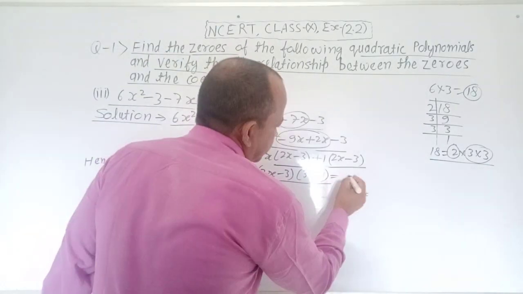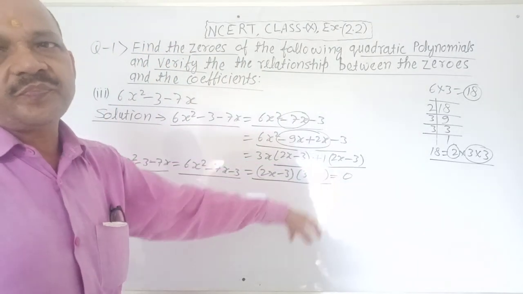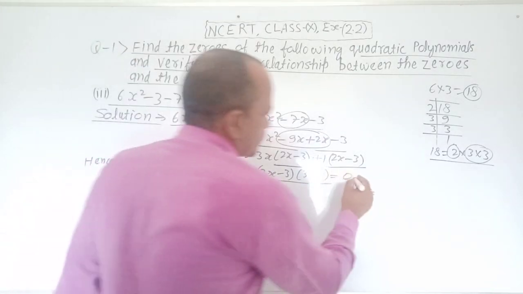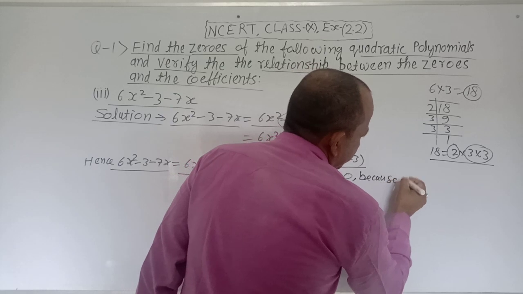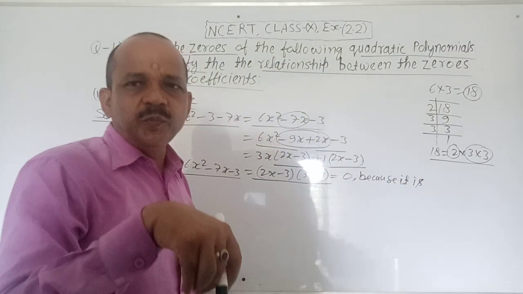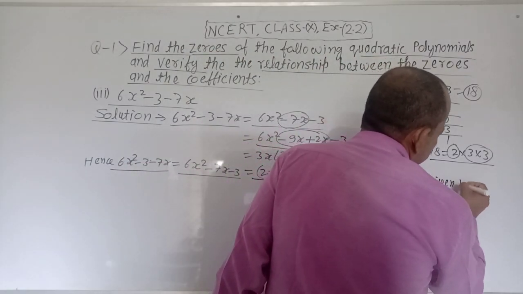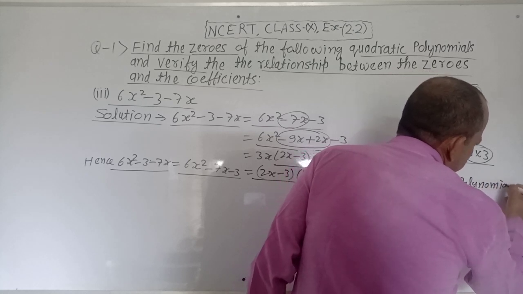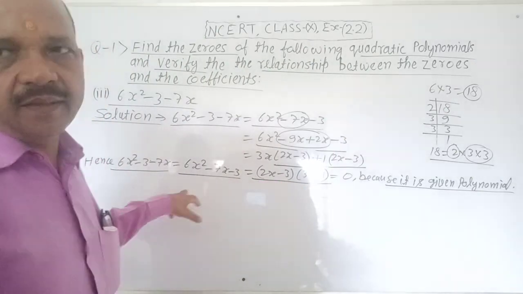You can write equal to 0. It is equal to 0 because it is given polynomial.